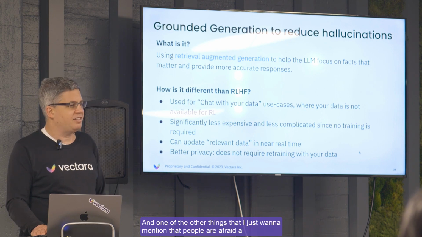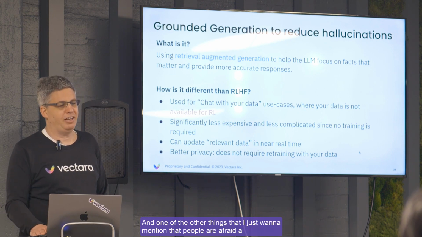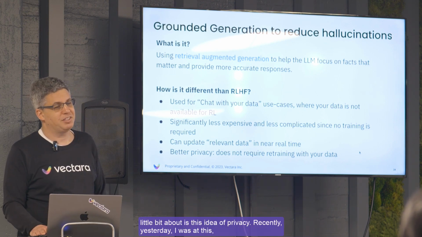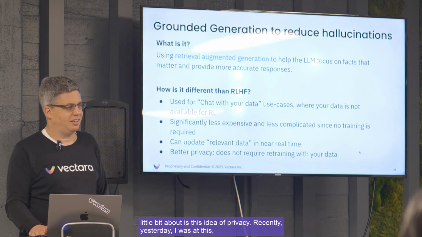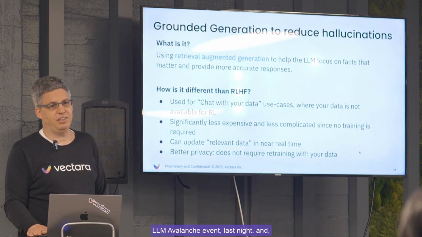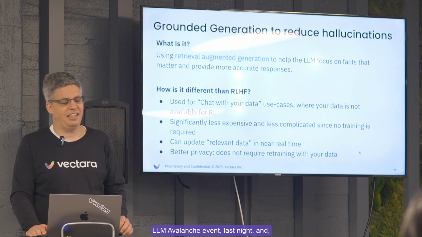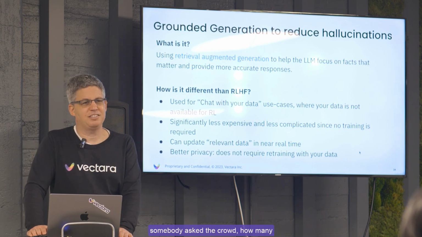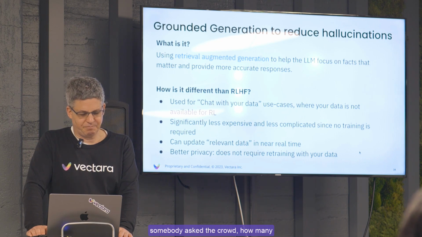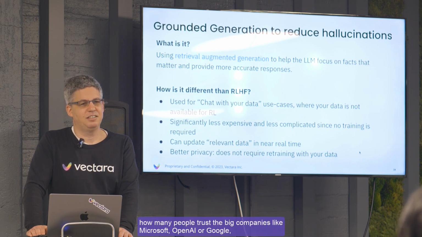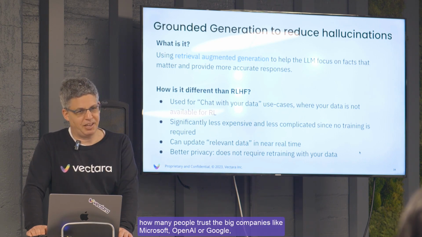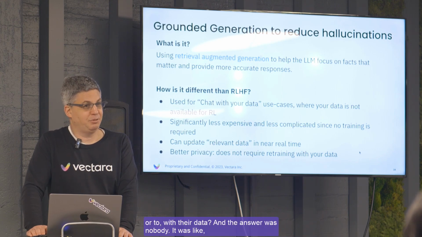And one of the other things that I want to mention, that people are a little bit afraid about, is this idea of privacy recently. Yesterday, I was at this LLM Avalanche event last night, and somebody asked the crowd, how many people trust the big companies like Microsoft, OpenAI, or Google with their data?